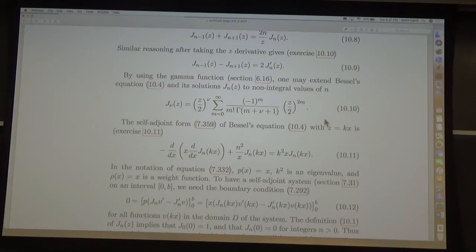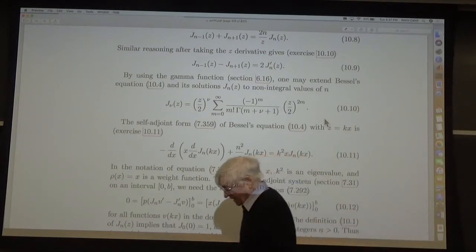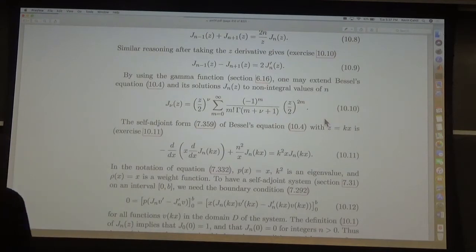Let me also say that if you take that original formula for the cylindrical Bessel function of the first kind, and you replace n, an integer, by nu, an arbitrary complex number, it doesn't even have to be a real number.